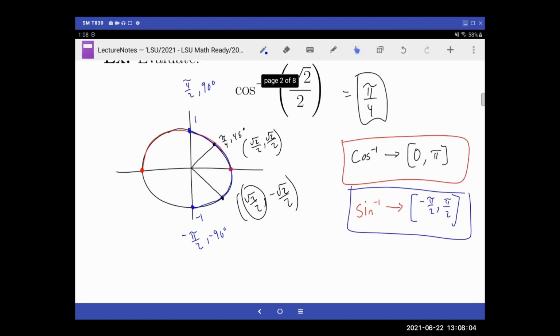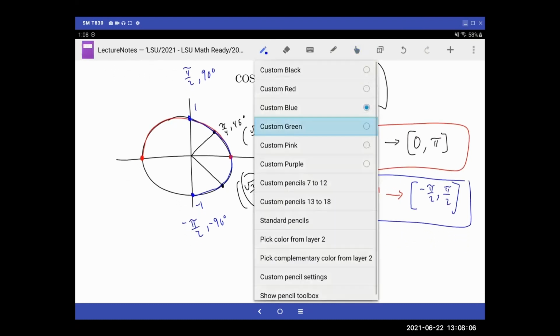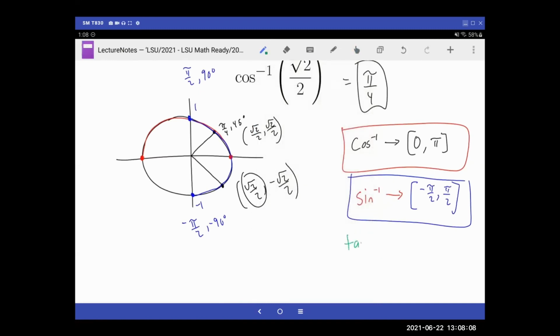And then finally, tangent. If we're dealing with tangent, you want to use the same thing that you're using for sine. Okay, so from here to here, but you do want to be careful because remember what tangent is, right? Tangent is y/x. So you want to avoid where x is 0.